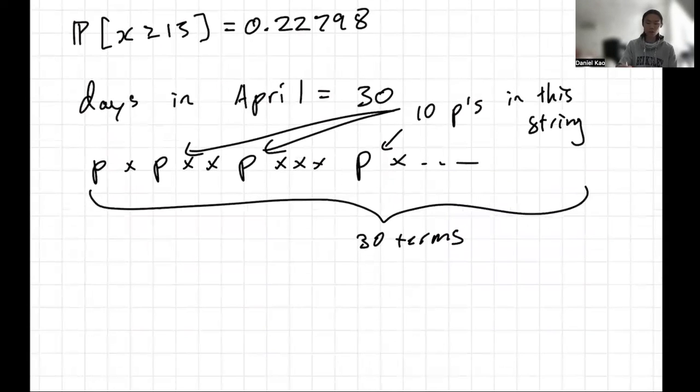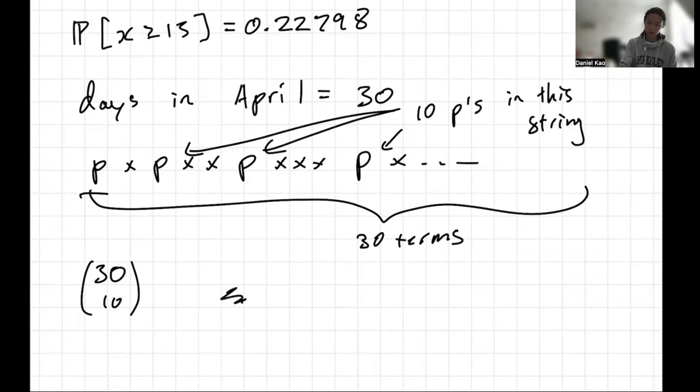Namely, the number of ways we can have these 10 successes in 30 days would be the number of ways we can shuffle the string around. And you should maybe recall from counting that we can do this by choosing, out of 30 total possible days, 10 days to be the days where event P happens.